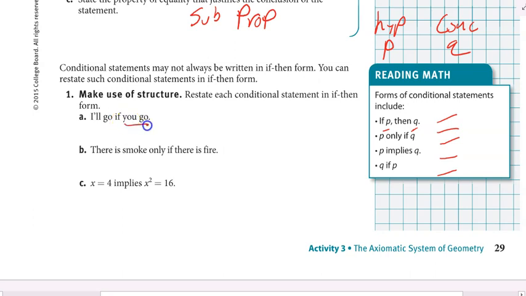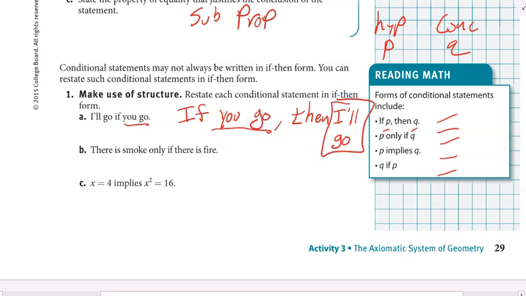So if you go, then I'll go. Okay, so now this is in the form if you go, then I'll go. It is in the form if, then, so that definitely is a conditional statement.